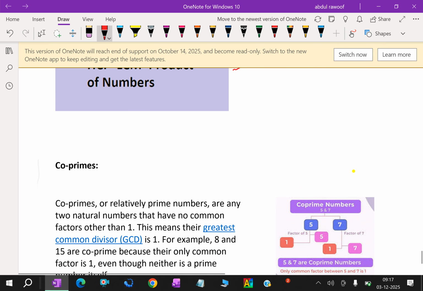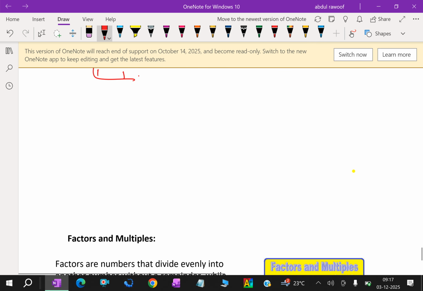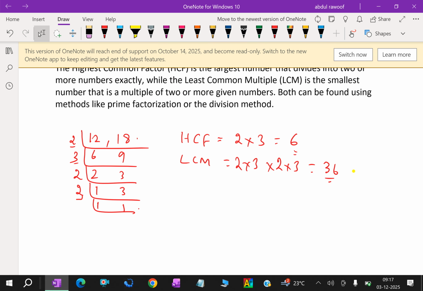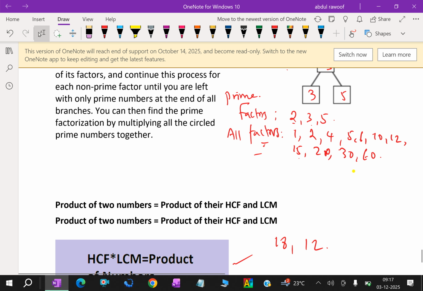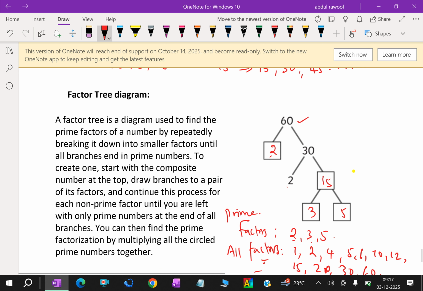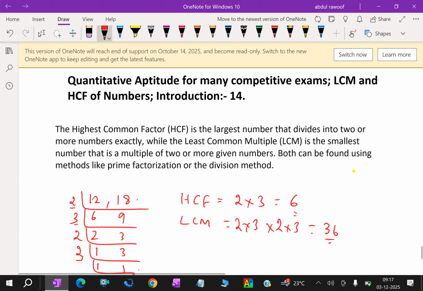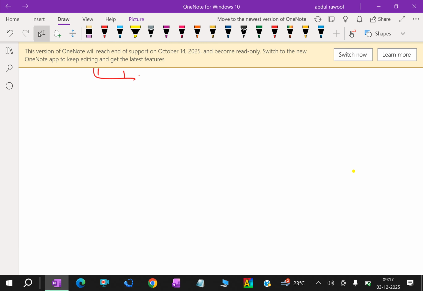The highest common factor of 18 and 12 is 6, and the LCM is 36.